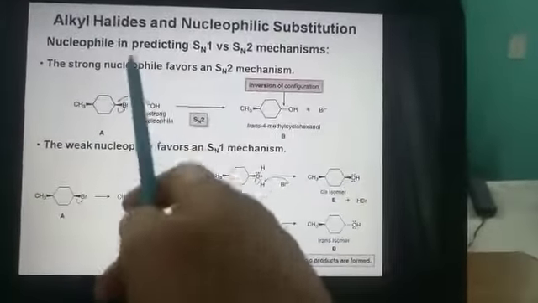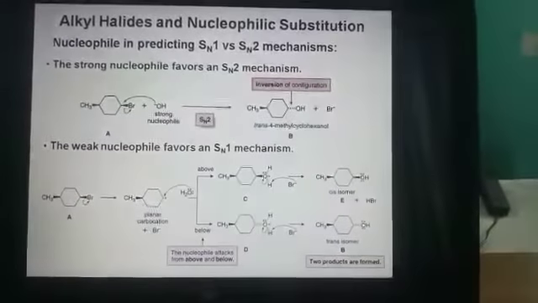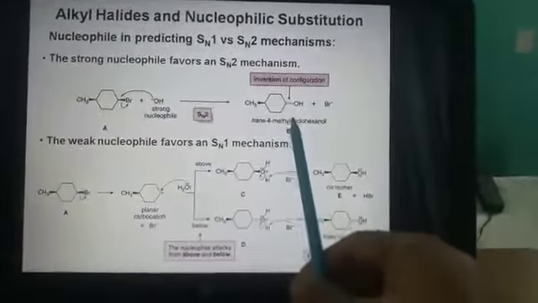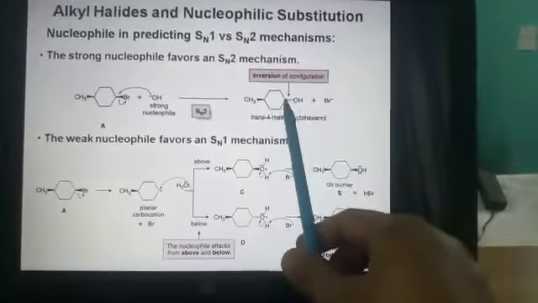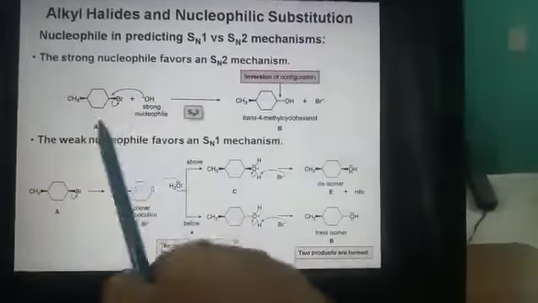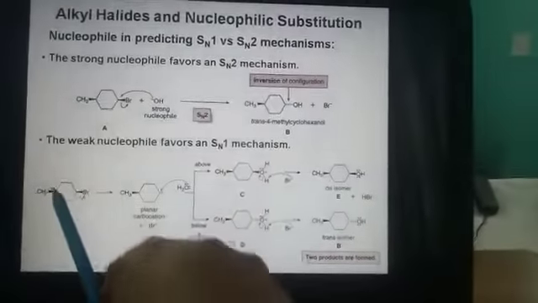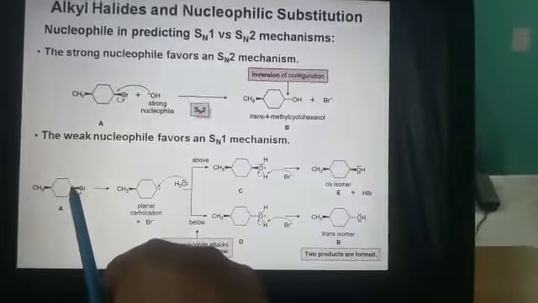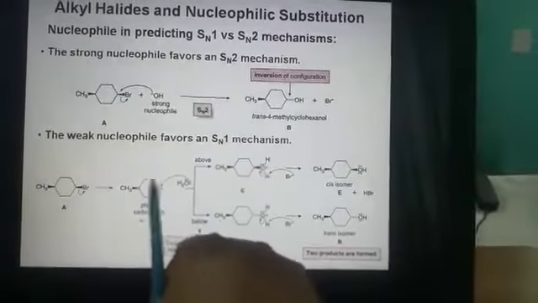Now if we treat this compound with the strong nucleophile OH-, it will give an SN2 product with inversion of configuration at this center. And if the weak nucleophile water is used with this compound, as you have seen, in the first step Br- will leave, forming this carbocation.